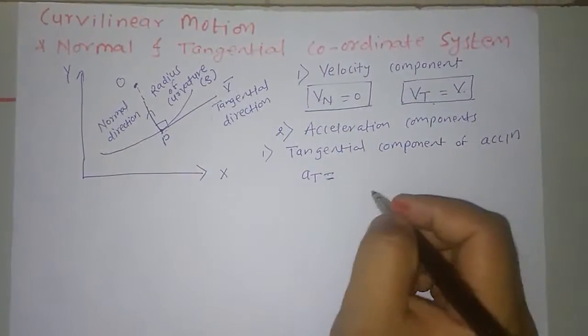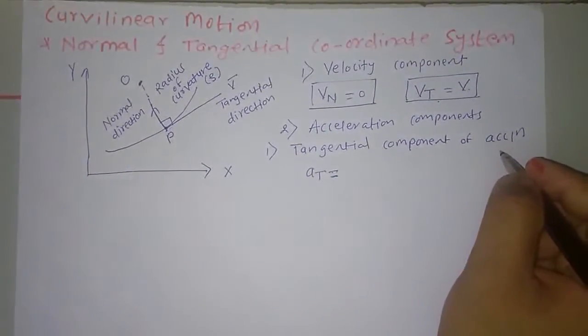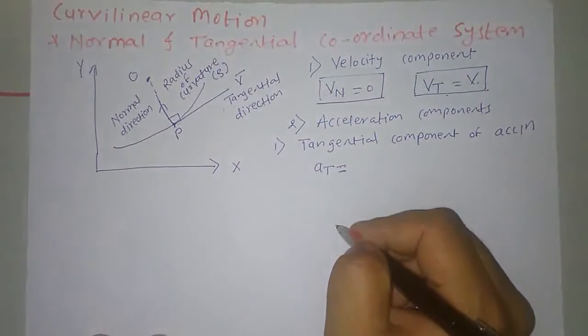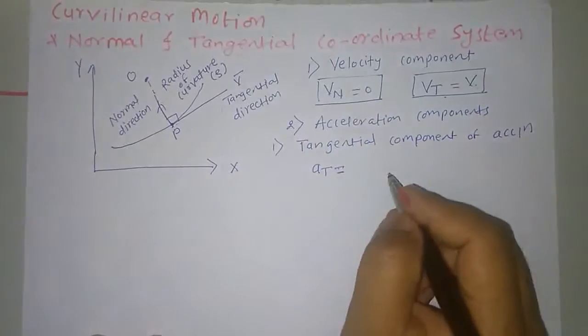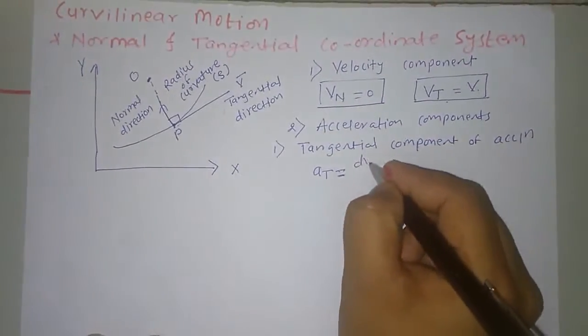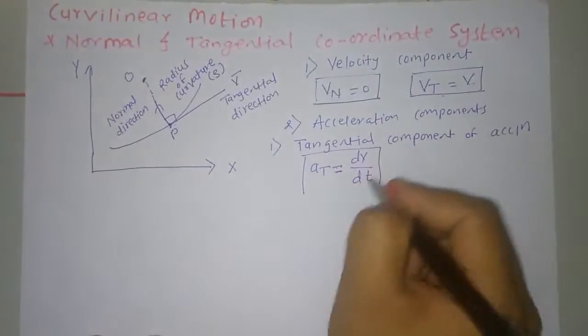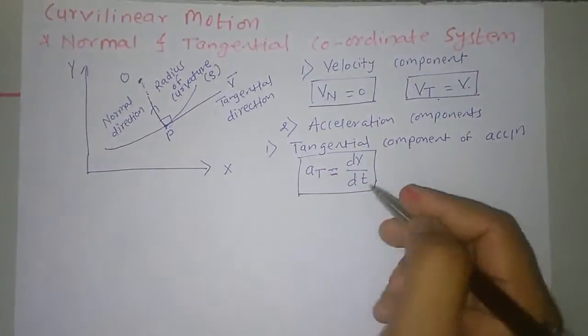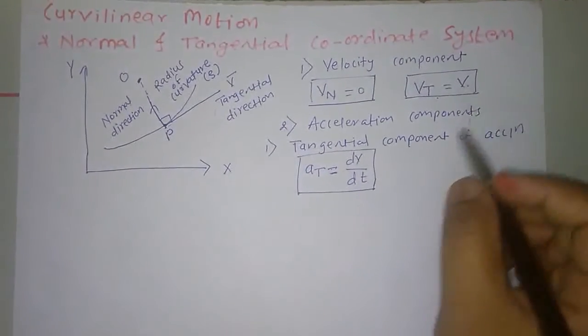There is a derivation to calculate these tangential and normal components of acceleration, but we don't have the derivation in our syllabus, so I am going to write the formulas directly. So it is equal to dv by dt.